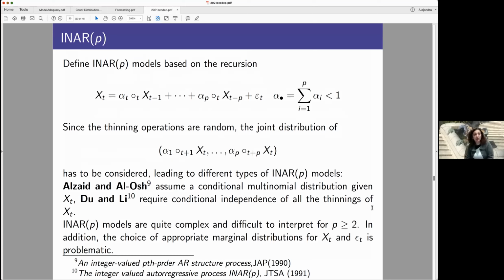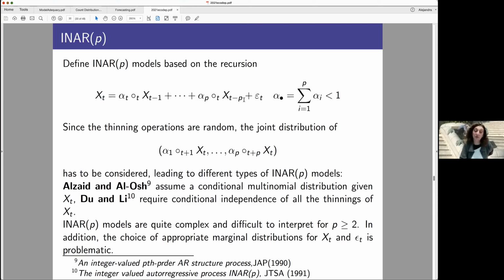And what about the autoregressive part? Well, the autoregressive recursion will have to be computed like this, with alpha, and again the thinnings depend on the time we are using. So at time t, I have a thinning of X at t minus 1 up to t minus p.